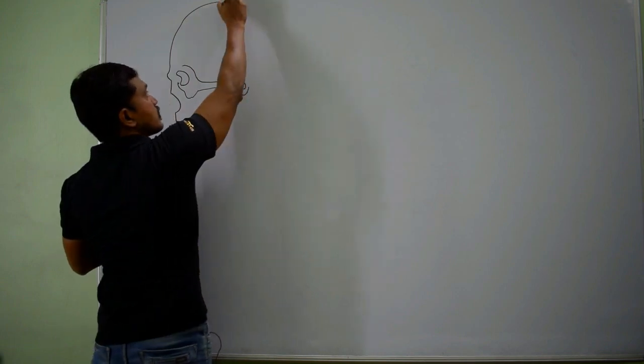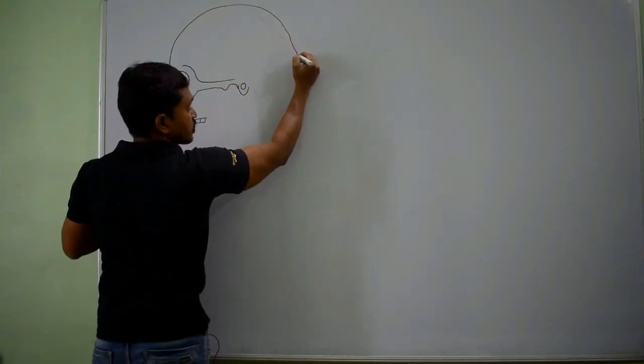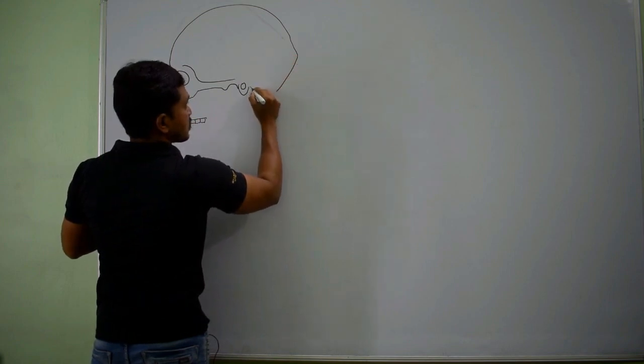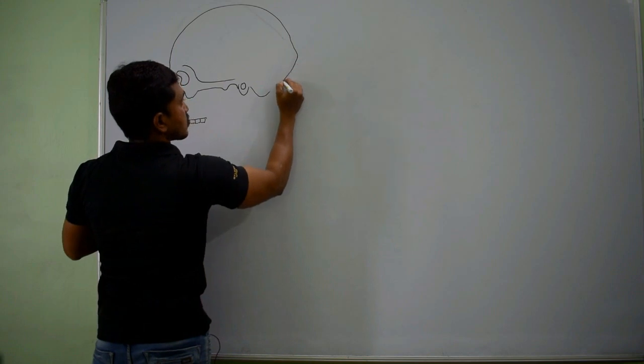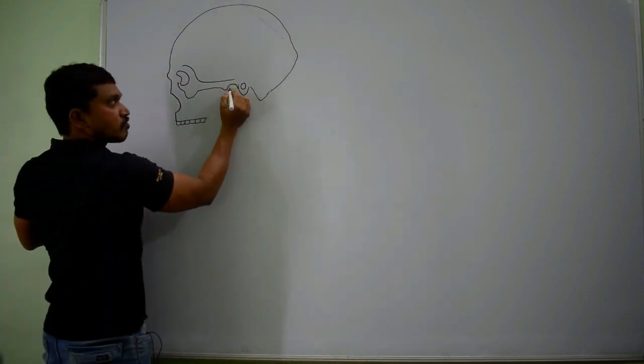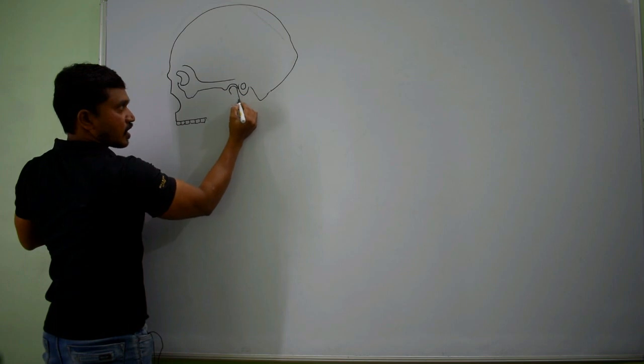Then this is the external occipital protuberance, and here you can see the mastoid process. Then this is the mandibular fossa, which articulates with the condyle of the mandible. So here is the condyle of the mandible.